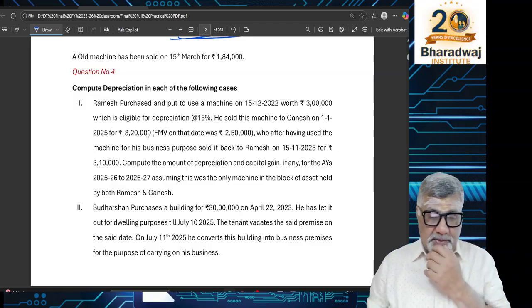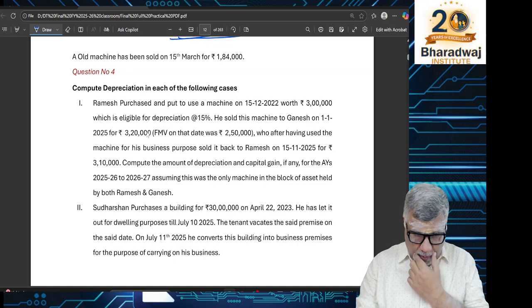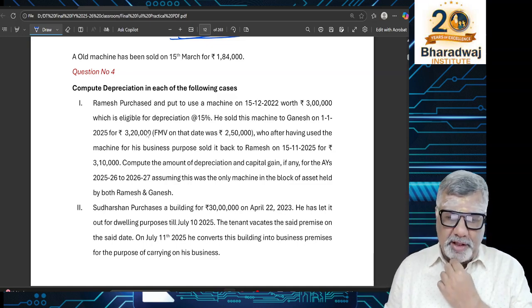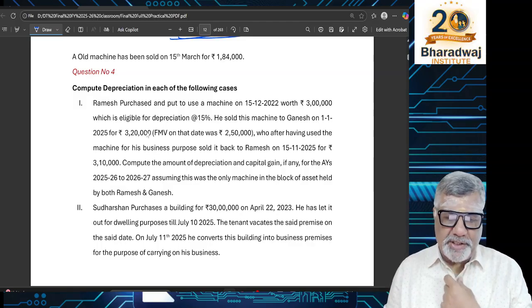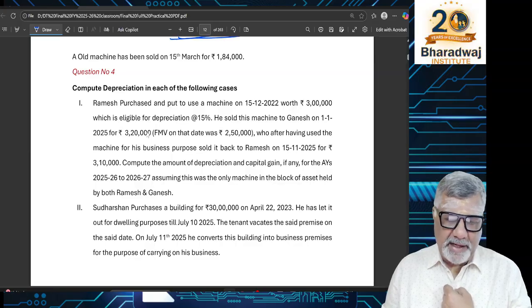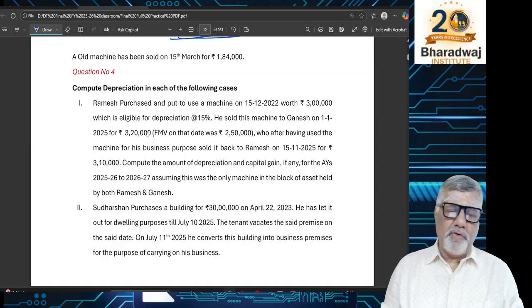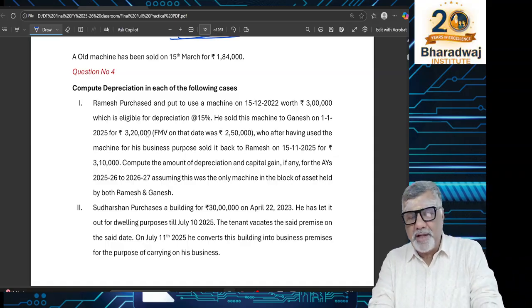He sold this machine to Ganesh on 1/1/25 for 3,20,000, who, after using the machine for his business purposes, sold it back to Ramesh in 25/26 for 3,10,000. Compute the amount of depreciation and capital gain, assuming this is the only machine in the block for both Ramesh and Ganesh.